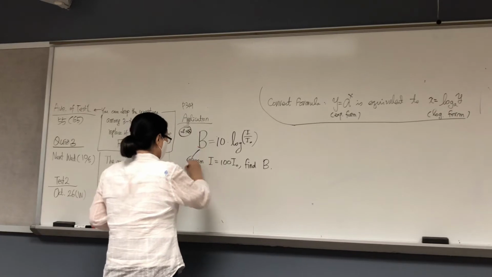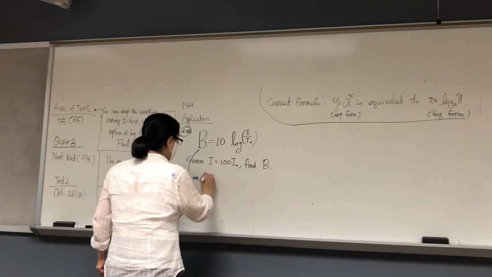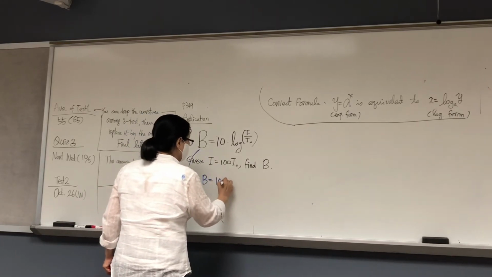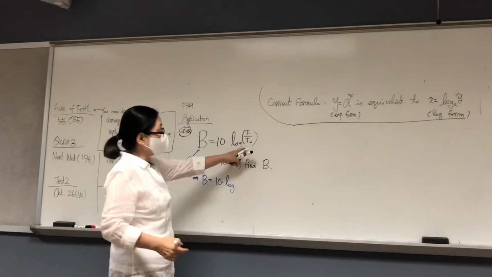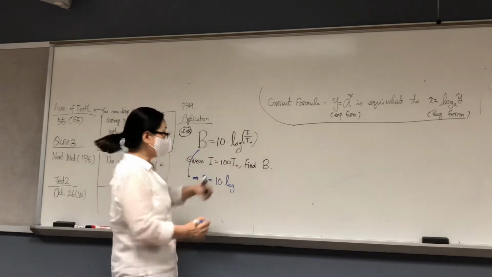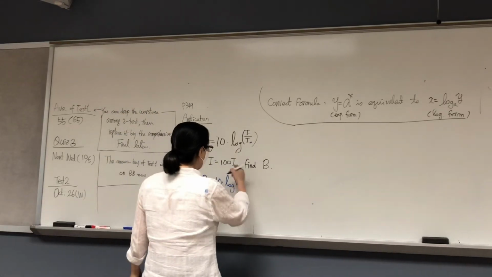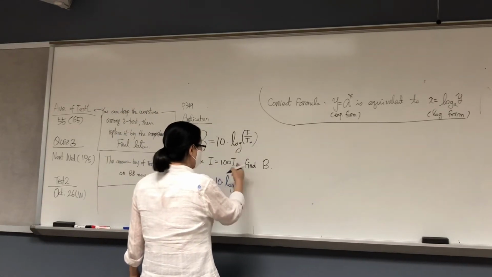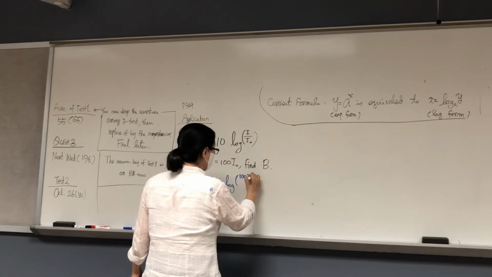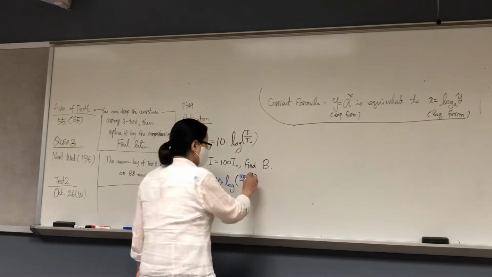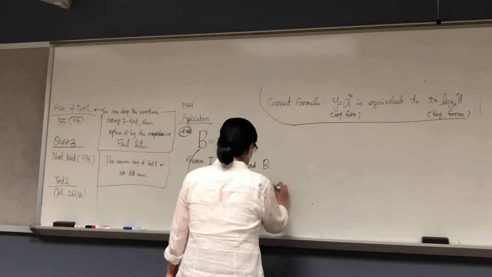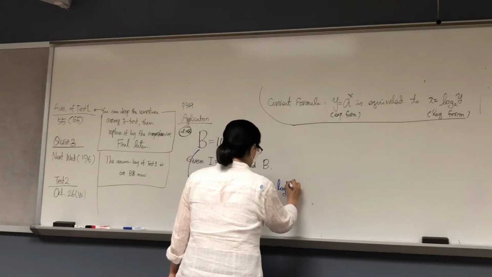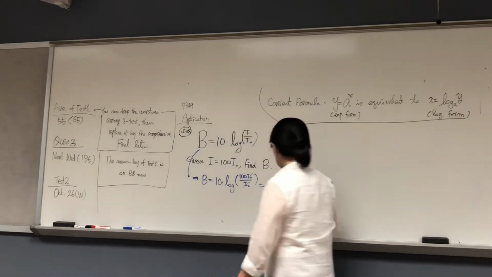So solve. B equals 10 times log, what is the base? 10, but you don't need to write it. Instead of I, we will use 100 I0 over I0. Am I right? And then I0 cancels. So it is 10 times log 100. What is 10 times log 100?